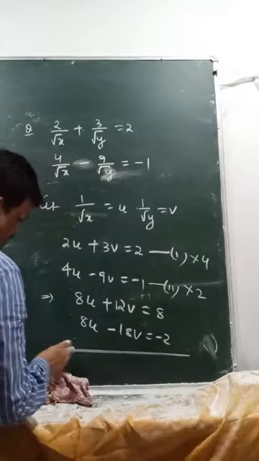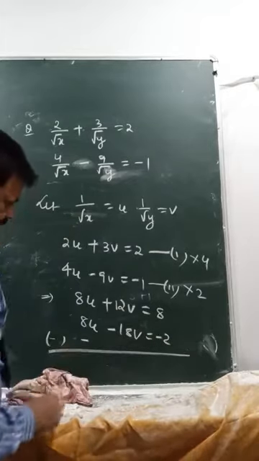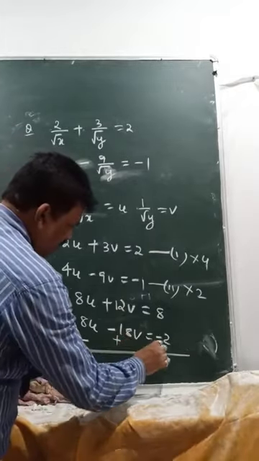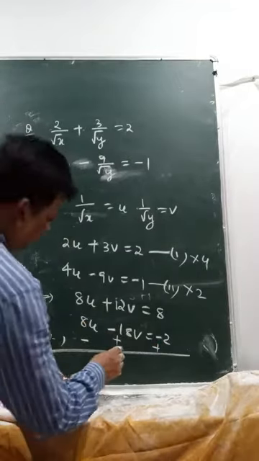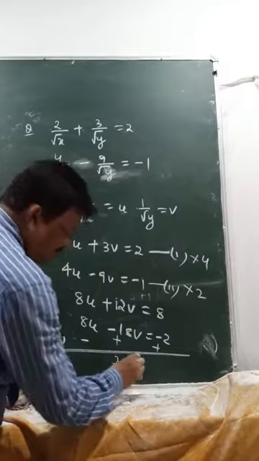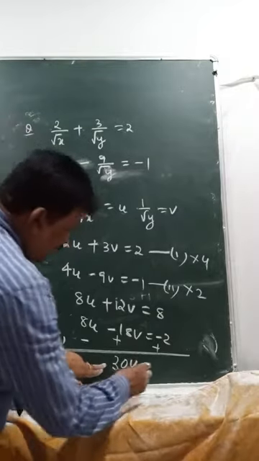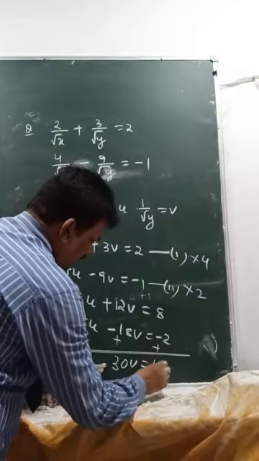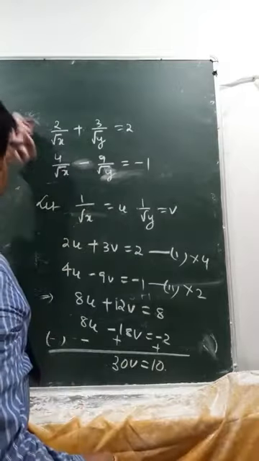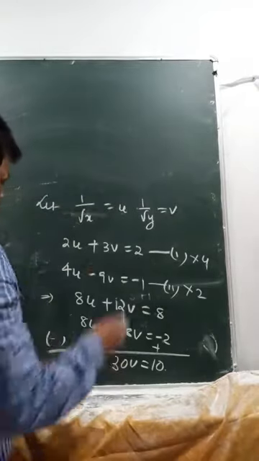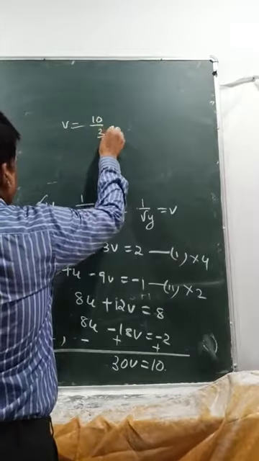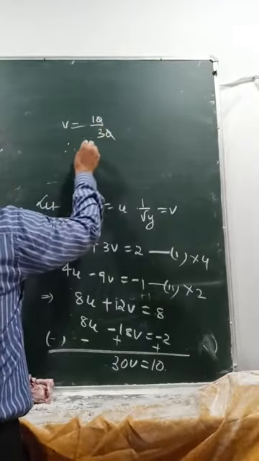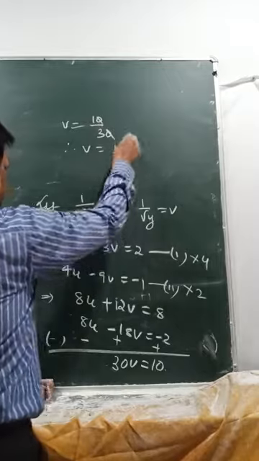Now subtract. This will be minus, this will be plus, this will be plus. 12 plus 18 is 30v. 30v equals 8 plus 2, that is 10. So v equals 10 by 30. Cancel. v equals 1 by 3.